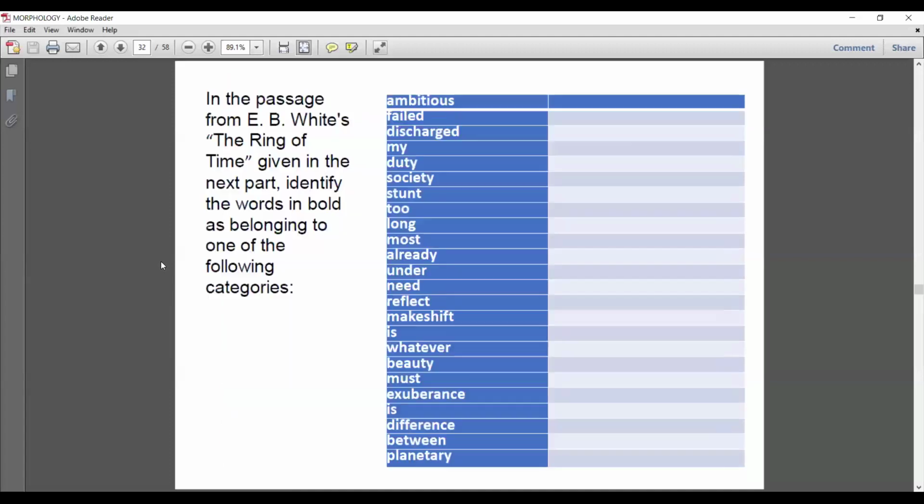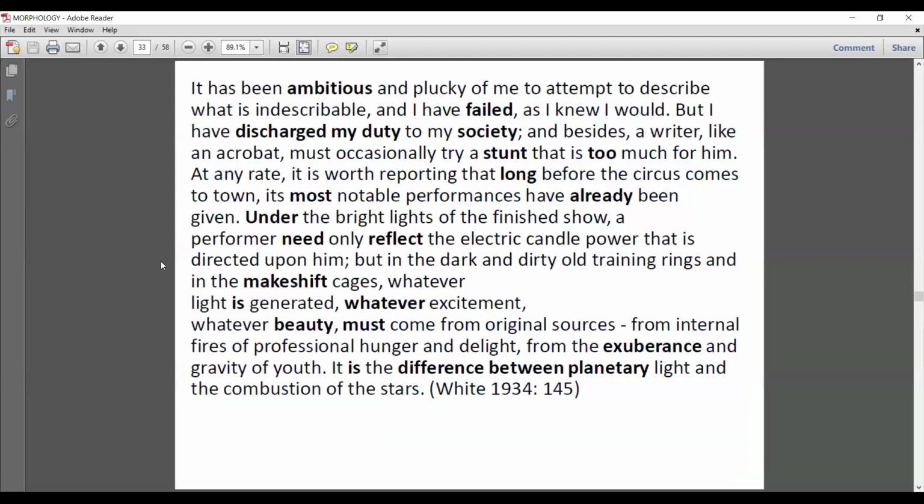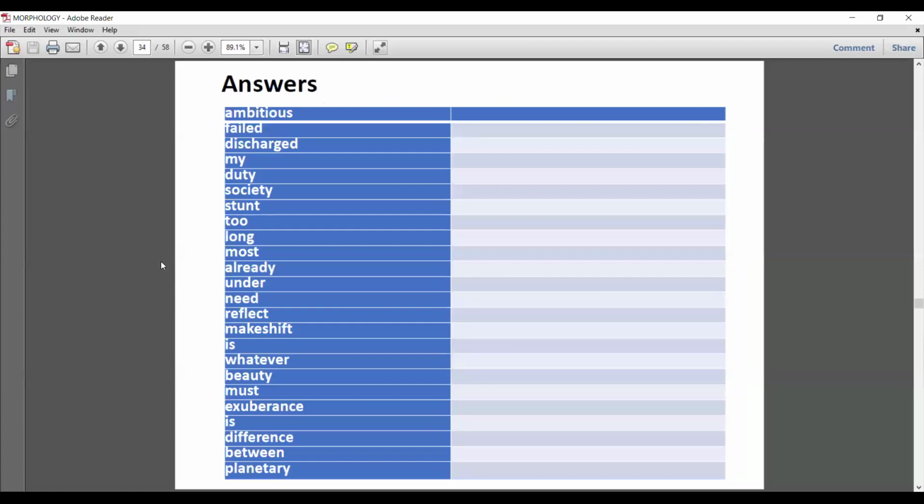This is the note you have. So read this paragraph as I told. Pay your attention to the words in bold and try to identify their word classes. And you can write them here in front of each and every word. So here you can do something extra as well. For example, ambitious.